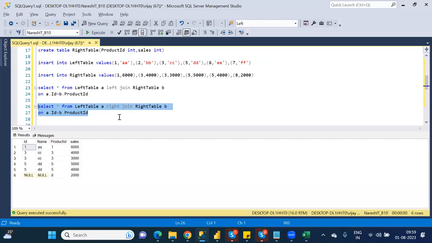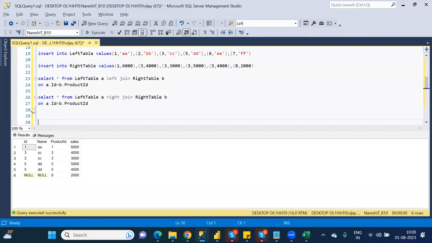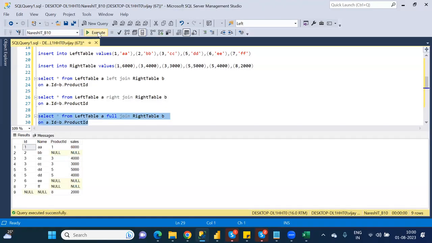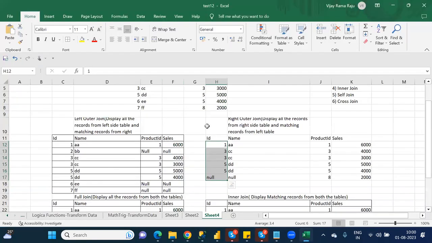Next one, same query. What is that? How many records? 9 records are displaying here.